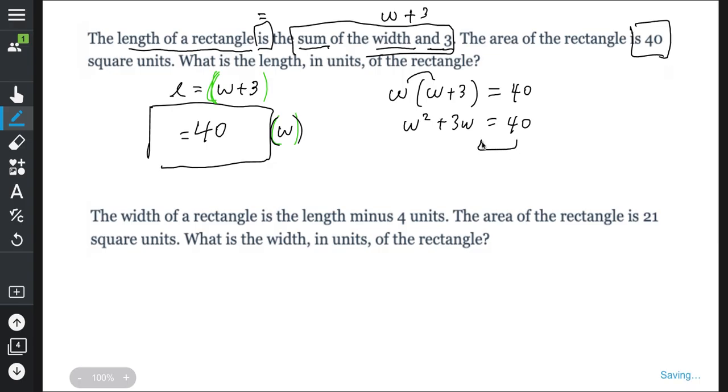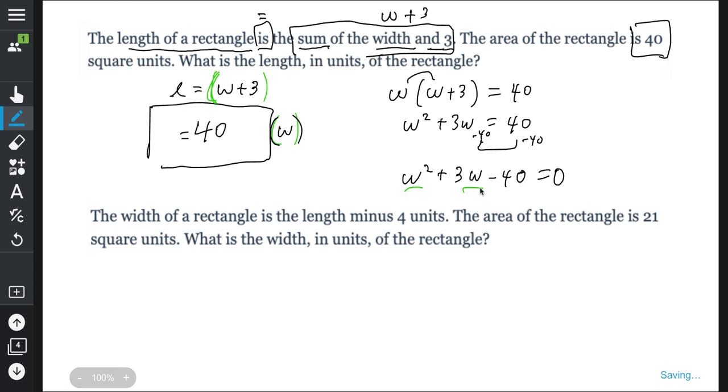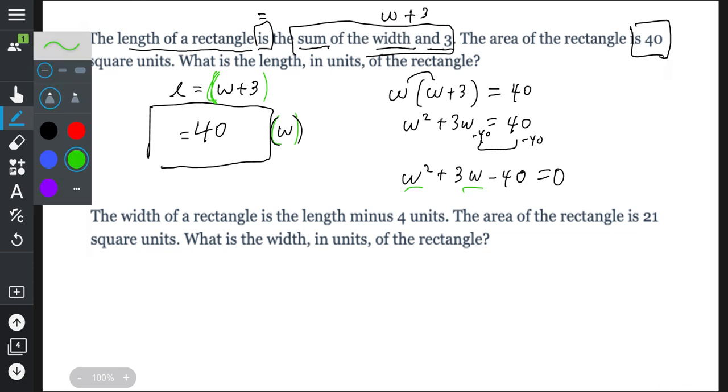Now we remove the 40 from both sides. W squared plus 3W minus 40 equals 0. If you want to change the W to X like I did, feel free to do that. But if you don't mind working with W's, go for it.